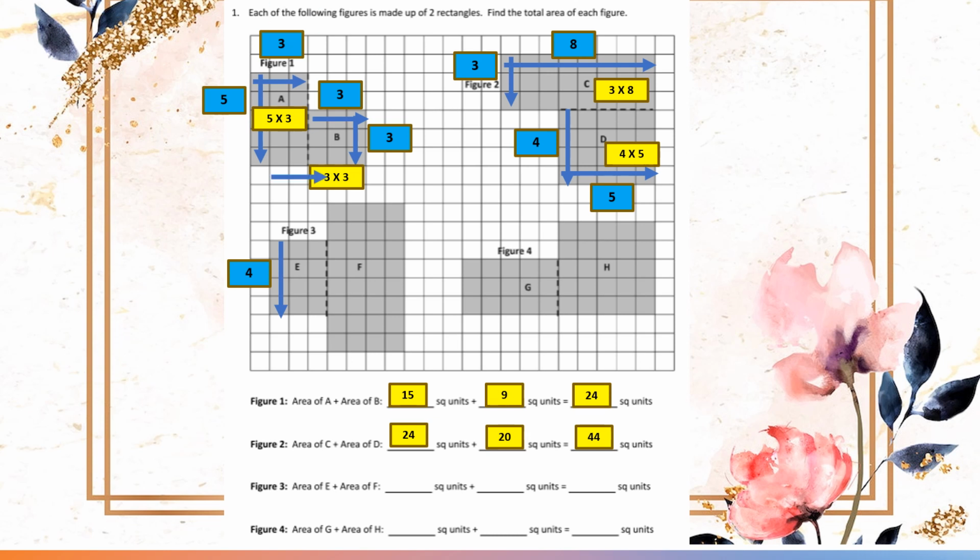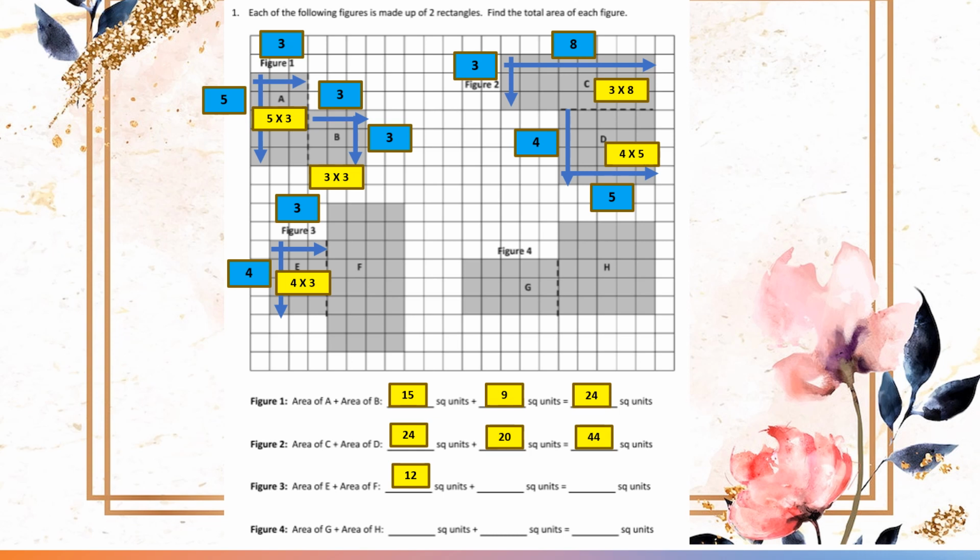Now let's count the units that make up the width of rectangle E. 3. Rectangle E is 3 units wide. So the equation for the area of rectangle E is 4 times 3. What's 4 times 3? If you said 12, you're absolutely correct.